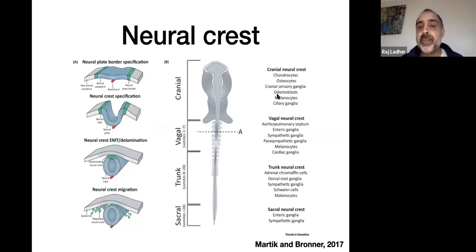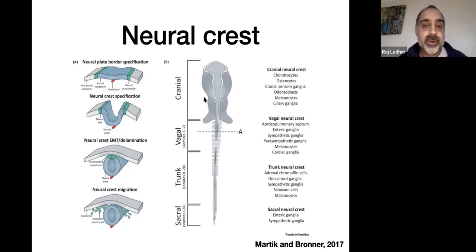It will form tooth precursors, pigment glands, and so on. And so all of these cell types that you're seeing here listed under either cranial to sacral neural crest come from individual neural crest cells that are able to form a kind of stem cell population that is able to give rise to these particular structures.